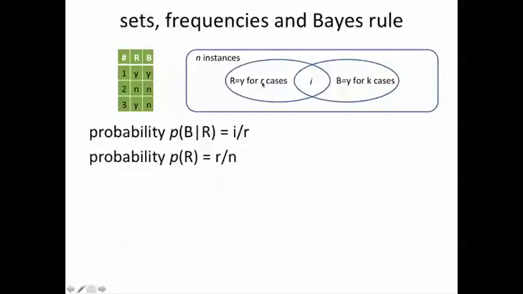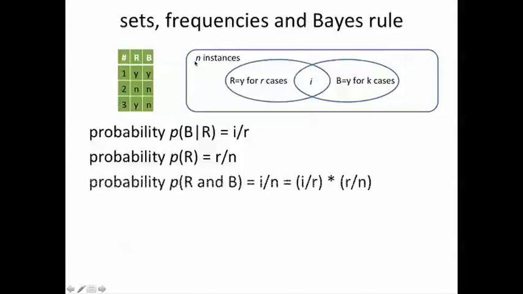On the other hand, the probability of an r overall is just r over the total number n. And the probability that both r occurs and there's a b is i over n.